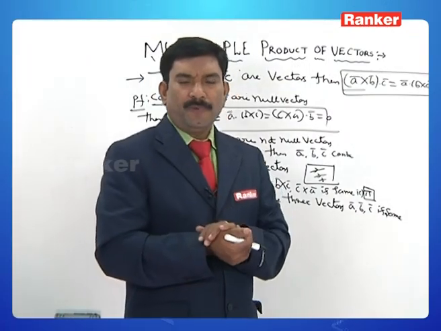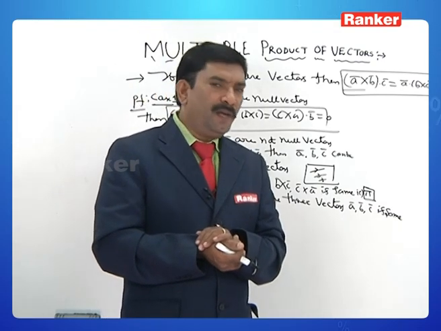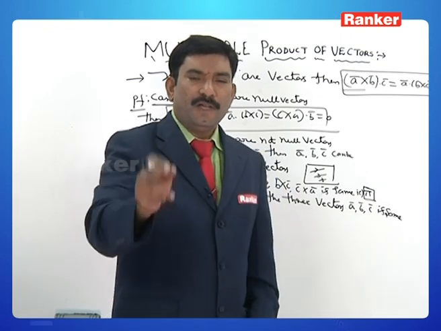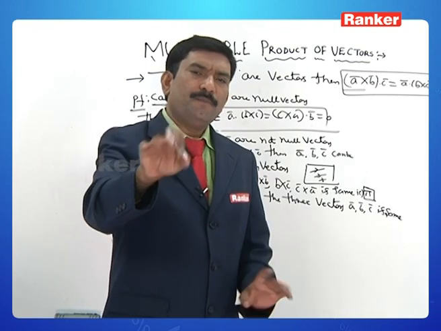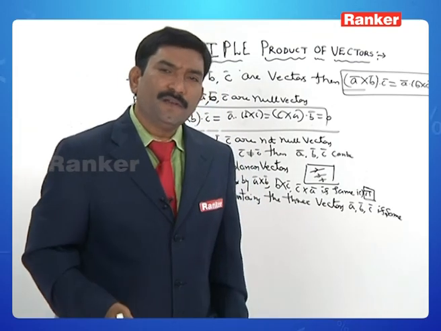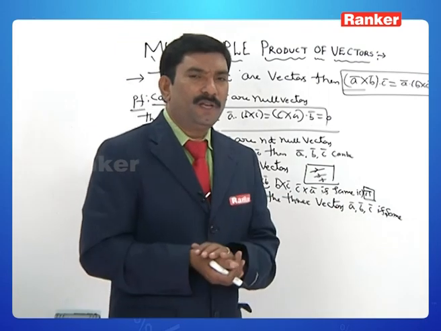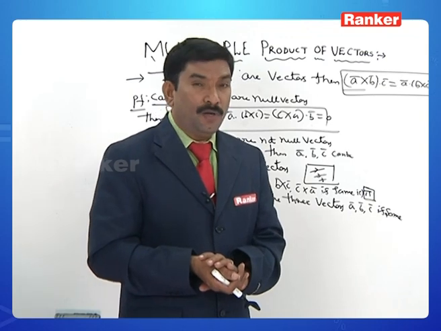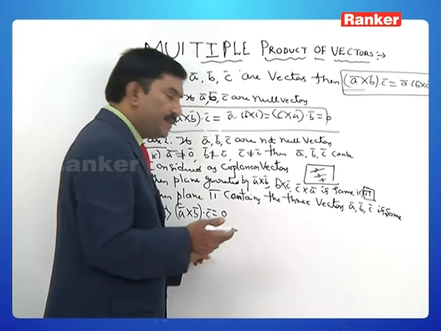Again, B cross C is the vector perpendicular to the plane containing B bar and C bar. Since A bar, B bar, C bar are coplanar, B cross C is also perpendicular to A bar, therefore the dot product is equal to 0. Whenever any two vectors are perpendicular or orthogonal, the dot product is equal to 0. Therefore, A cross B dot C bar is equal to 0.